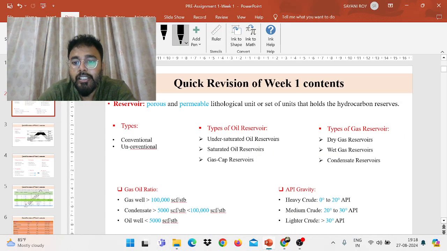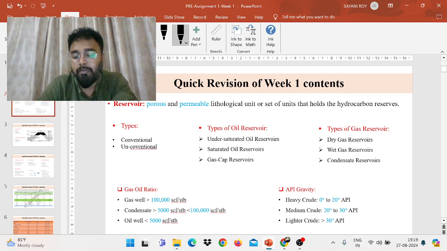Next is the types of gas reservoirs. Gas reservoirs are dry gas reservoirs, wet gas reservoirs, and condensate reservoirs. These are the three types of gas reservoirs. Dry gas reservoirs are those where, while we are taking out the gas, the pressure and temperature come down at the surface.